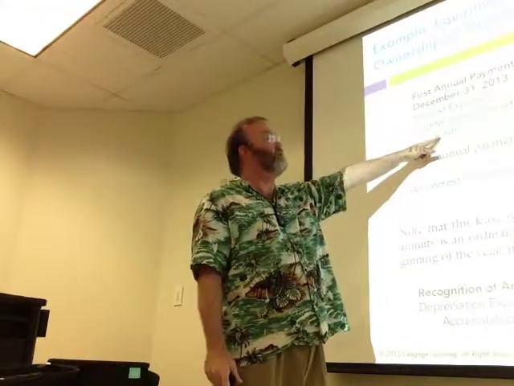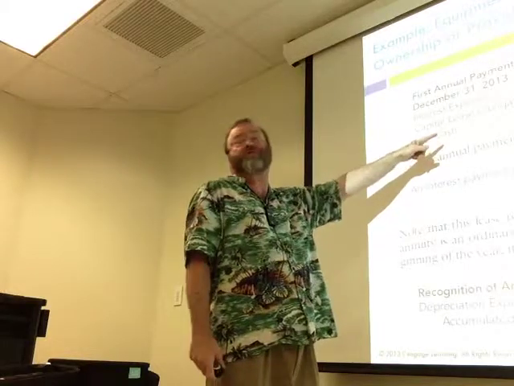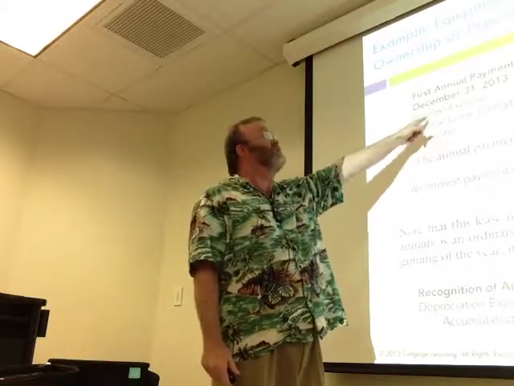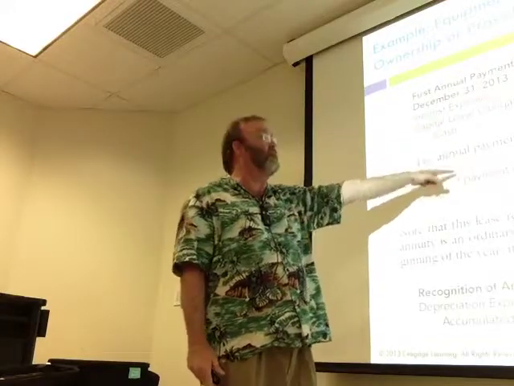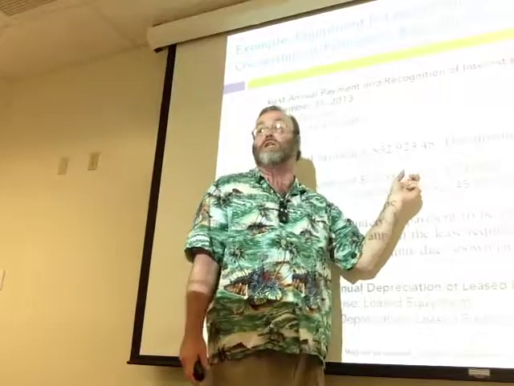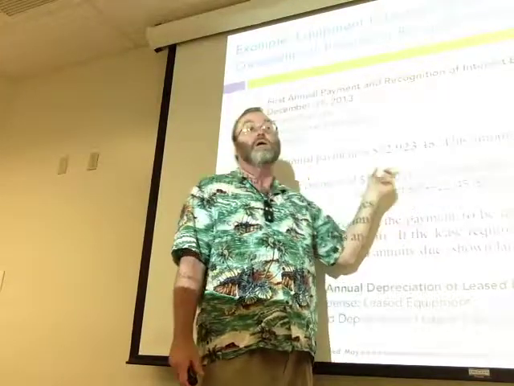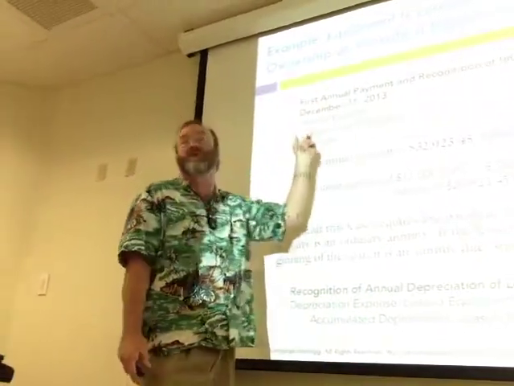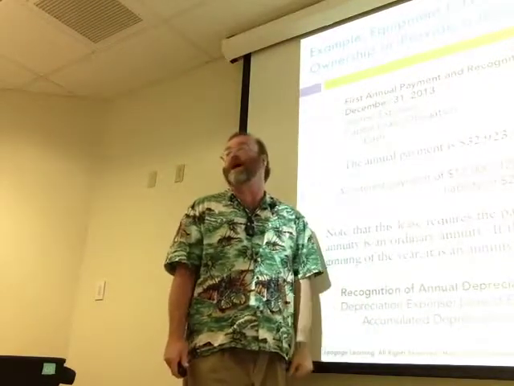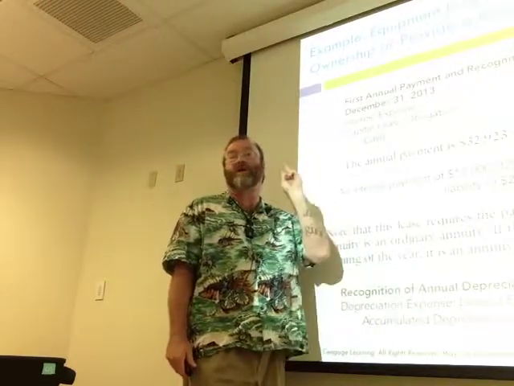So you're paying $32,923.45. Interest is $12,000 of that. That's the $100,000 obligation times the implicit interest rate. The difference is going to reduce the liability, $20,923.45.